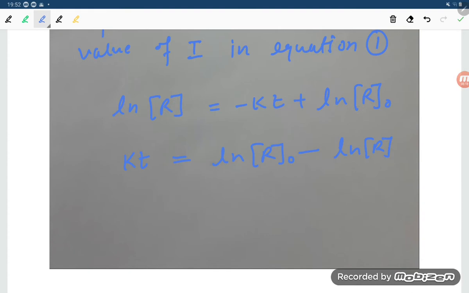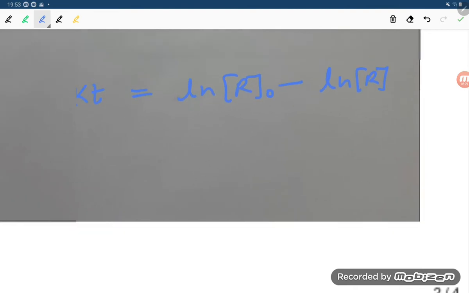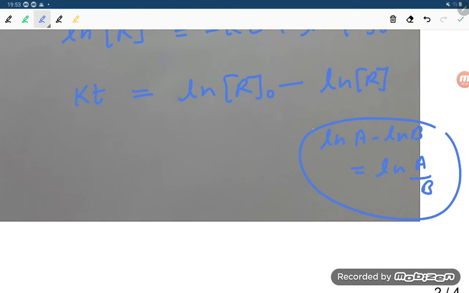So we know the logarithmic formula, ln a minus ln b is equal to ln a by b. This formula we have to apply in this equation.